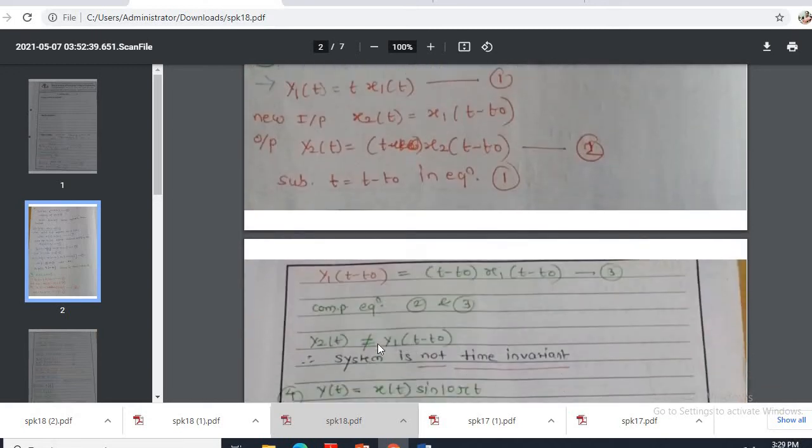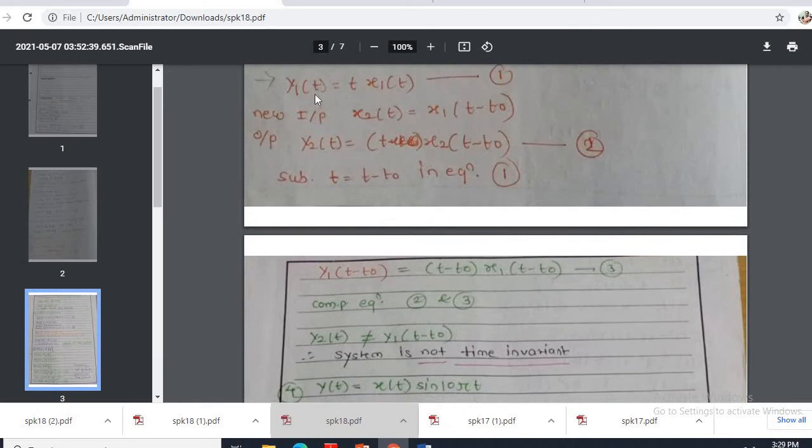And now suppose in equation 1, which is the basic equation, wherever there is t we write t minus t0. Then our equation becomes y1(t minus t0) is equal to t minus t0 into x1(t minus t0). Now if we compare equation number 2 with 3, the left hand side is y2(t), which is t into x2, and here y1(t minus t0) is equal to t minus t0 into x1(t minus t0).